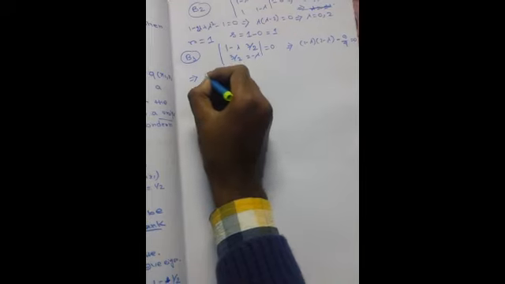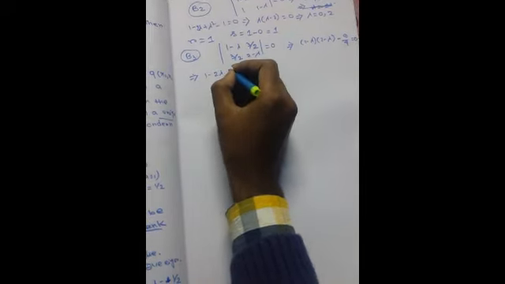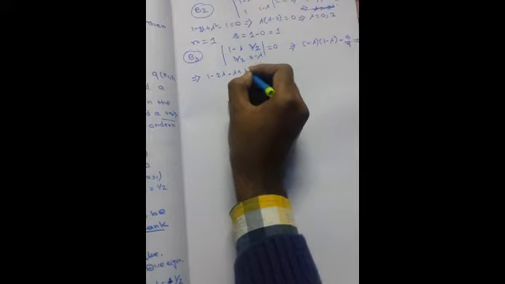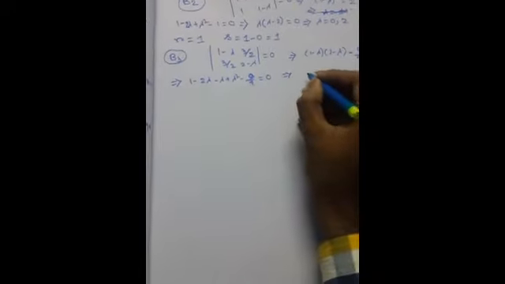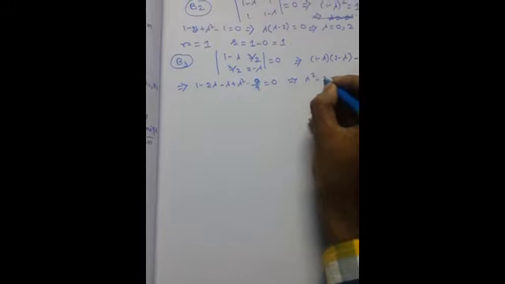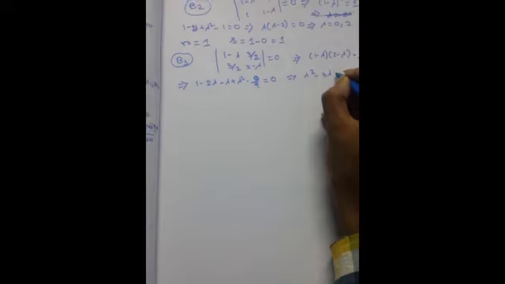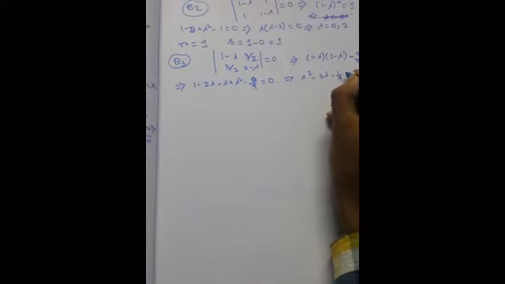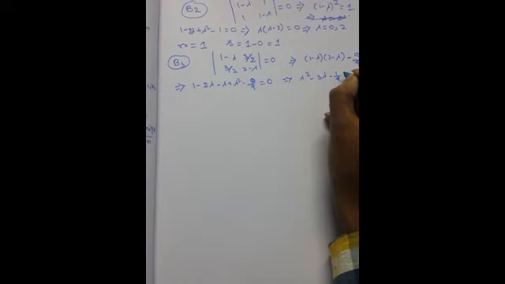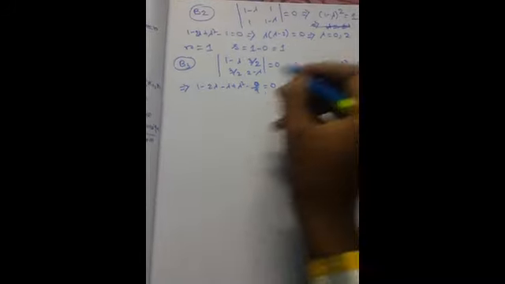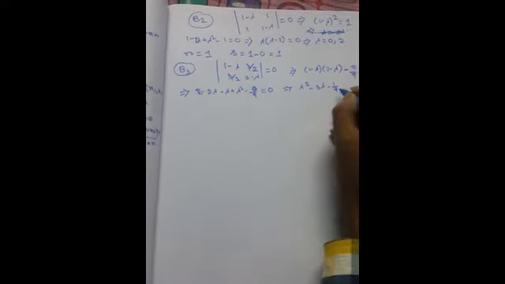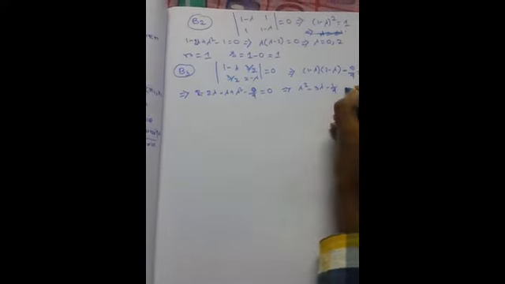If we calculate this, we get lambda square minus 3 lambda minus 1 by 4 equal to 0.